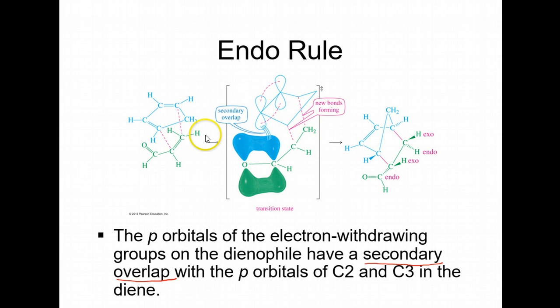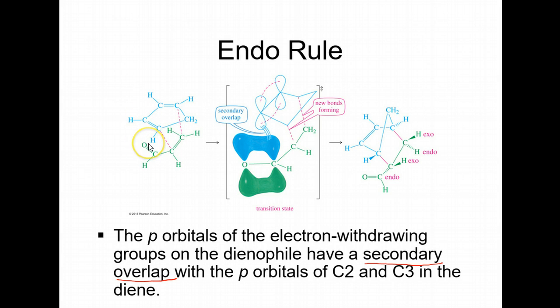You want the electron withdrawing group to be underneath so that it interacts with these pi bonds. Here it's showing you the pi bond between your carbon and oxygen, this pi bond right here. Okay, you want this to overlap.